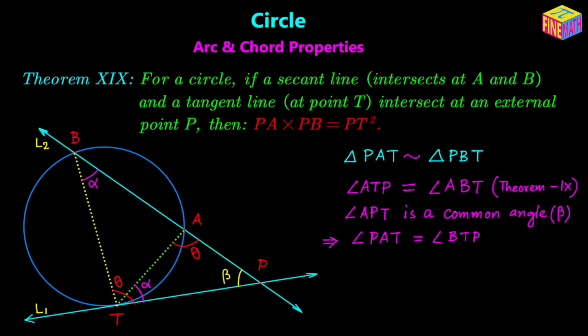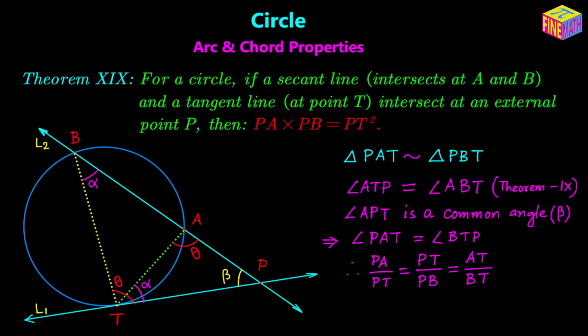Now because these two triangles are similar, let's use the property that the ratios of corresponding sides are equal. From the smaller triangle, we take the side opposite to the angle alpha, which is PA, and for the larger triangle, the side opposite to the angle alpha, which is PT. So their ratio would be PA over PT, and that will be equal to the similar ratio of sides opposite to another equal angle. Now let's look at the angle theta.